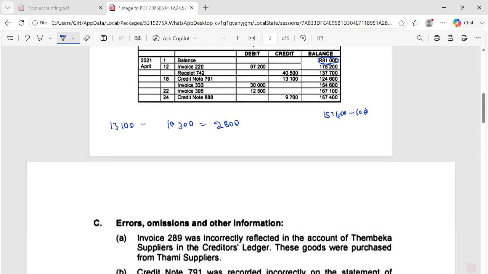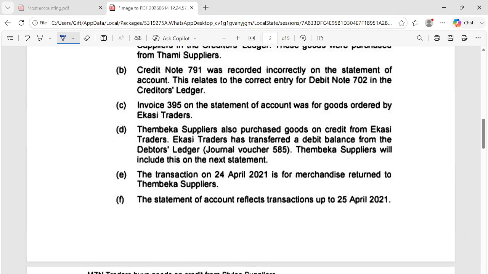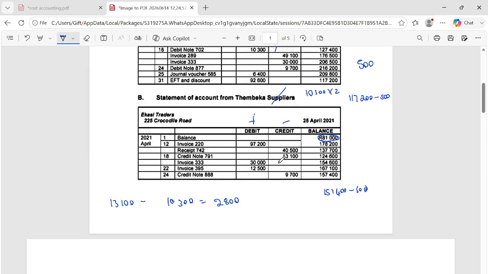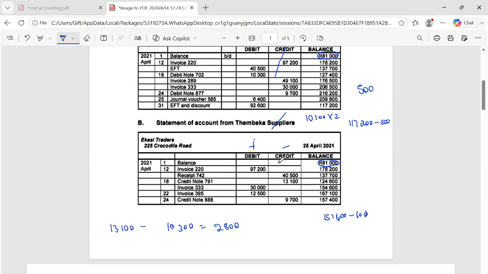Then what do we have? They're saying that the statement account reflects transactions up to 25 April 2021. So anything that comes after 25 April was not recorded by the supplier, because they closed it before, right? So you have something that occurred after the 25th of April, which is this one on the 31st.